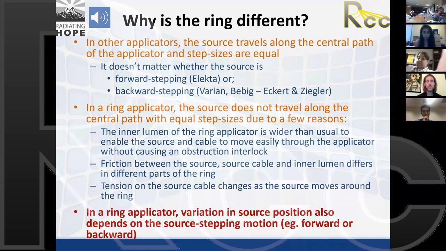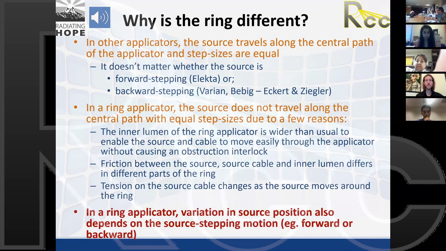When we use a ring applicator, the source doesn't travel along the central path with equal step sizes. This is due to a number of reasons. The inner lumen or inner channel of the ring applicator is generally wider than usual. This enables the source and the cable to move easily through the applicator without causing an obstruction interlock if the source touches the edge of the applicator.